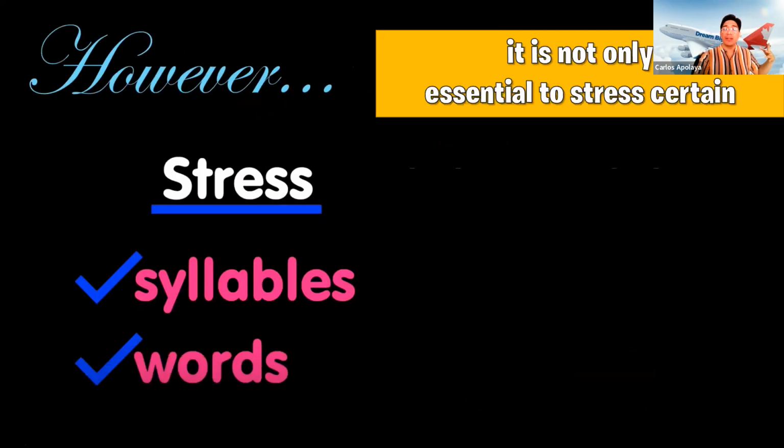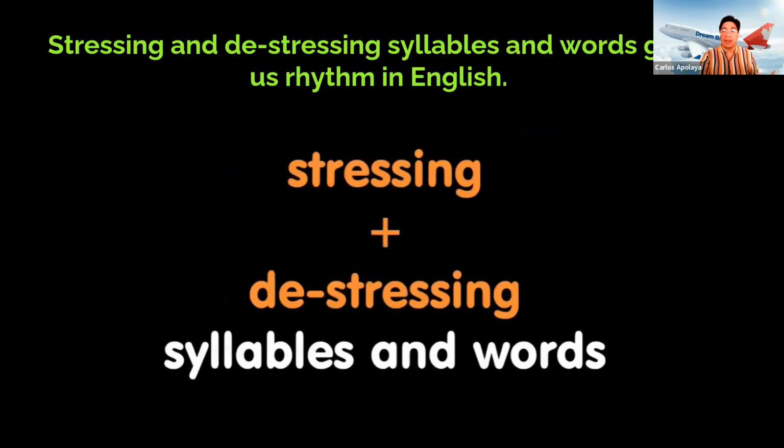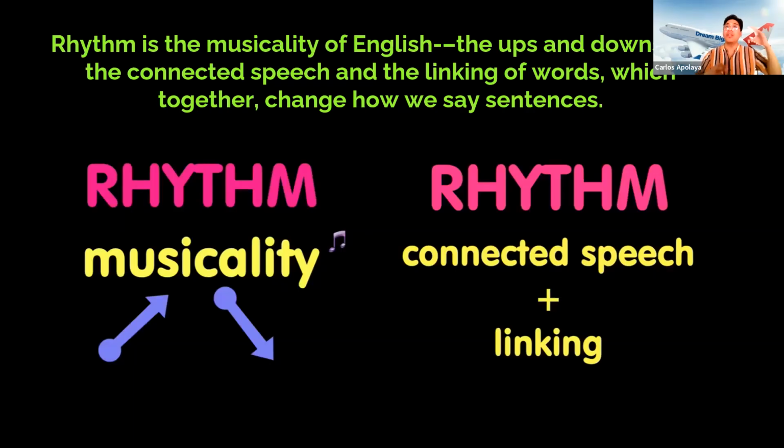And de-stress: relax, and say the word quickly. When you stress and de-stress, you create rhythm. Rhythm is the ups and downs in the speech.